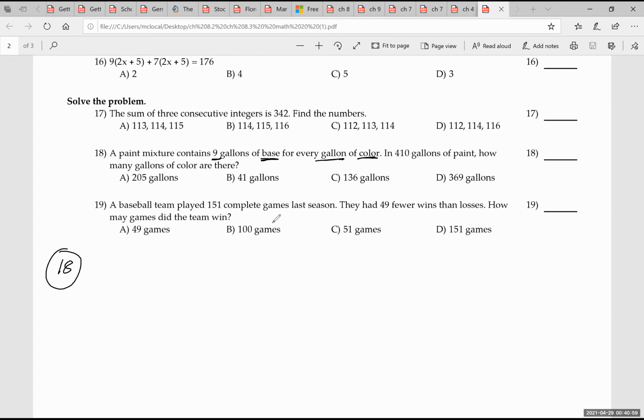How do you form a paint? You take the base and the color and you get a paint, right? So if I look at the paint, it has 9 gallons of base and 1 gallon of color. So that's totally 10.